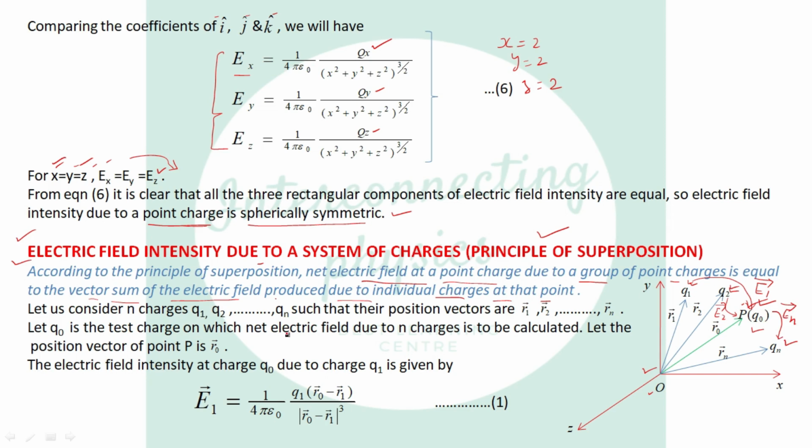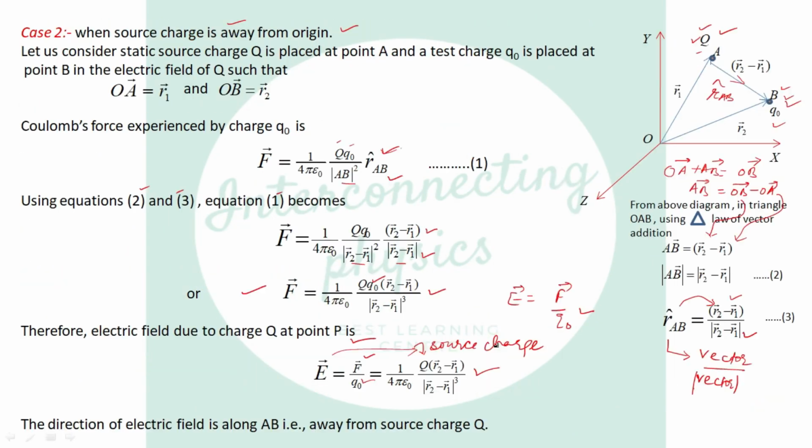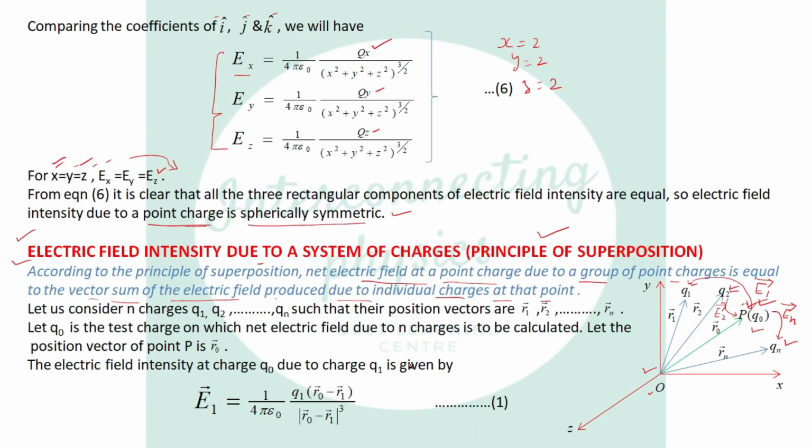You know, the electric field due to a point charge in terms of position vector is written like this. We did this in the topic when the source charge is away from the origin. So we use this relation in the superposition principle.